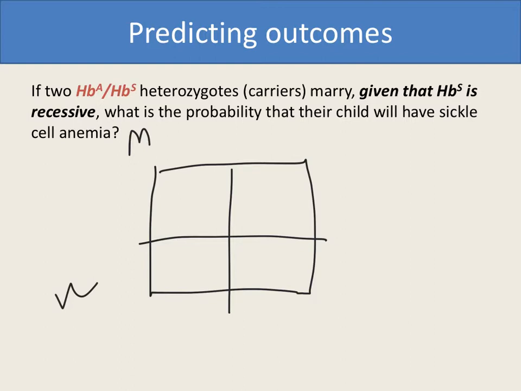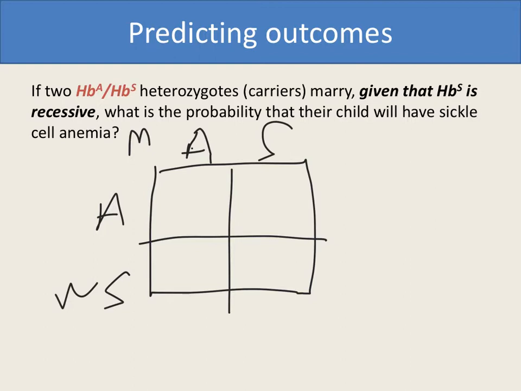Heterozygotes. So they either have an HBA and they also have an HBS. So I'll just say up here, I'll put A or S. And for the females, same thing, A or S. So these are all HB before them.